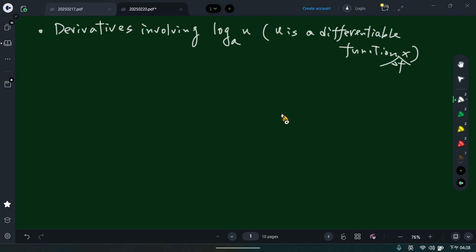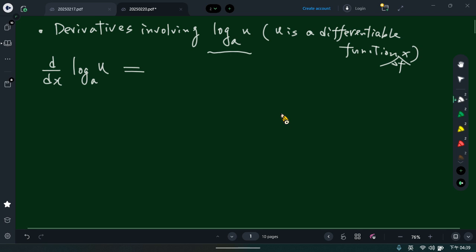If you want to calculate the derivative of something related to a logarithm using a as the base, always remember to change the base, so it becomes ln u over ln a.